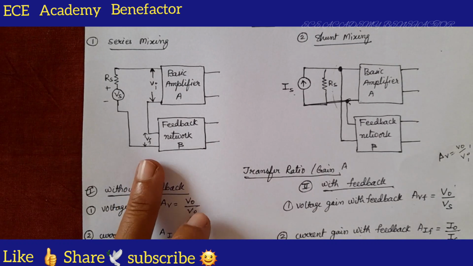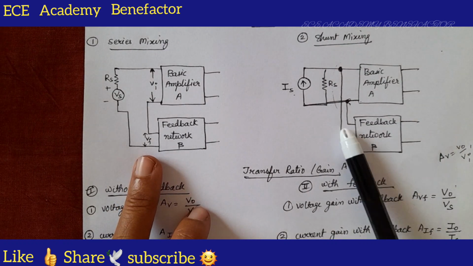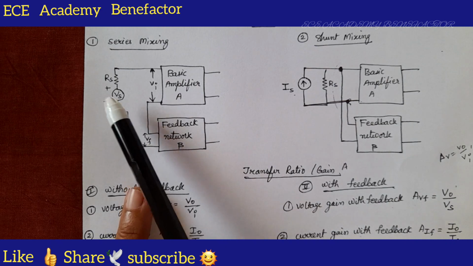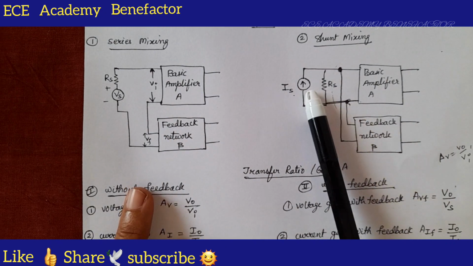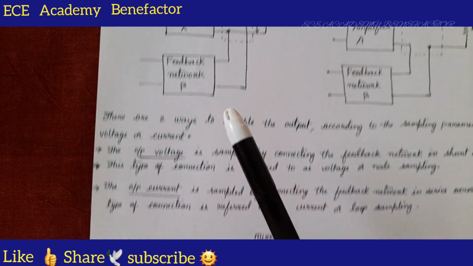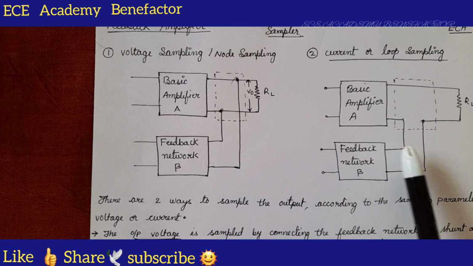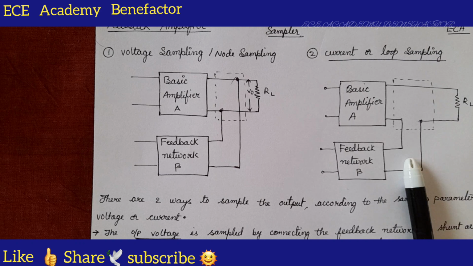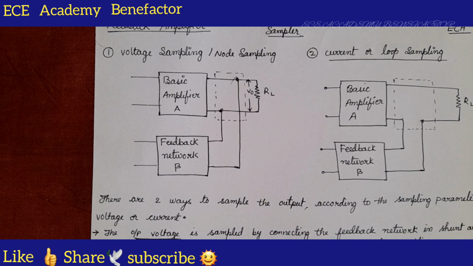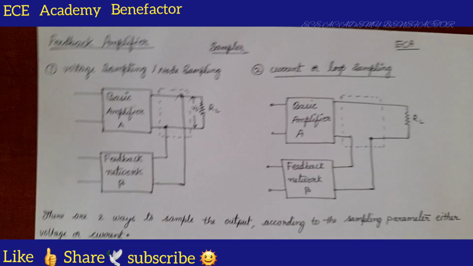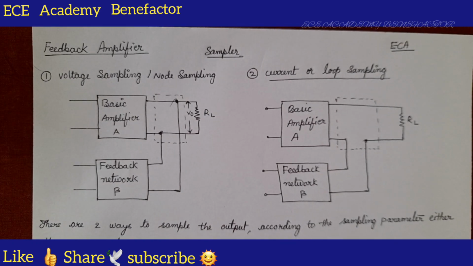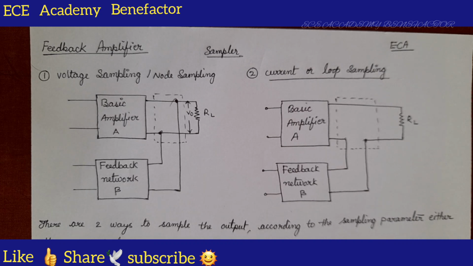Series mixing, shunt mixing. For series mixing, voltage source. For shunt mixing, current source. Voltage sampling, shunt connection. For current or loop sampling, series connection. I hope you have understood the class. We'll see how to draw each feedback amplifier in our next class.